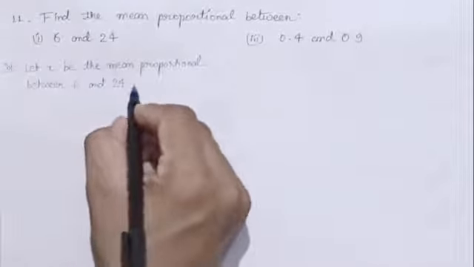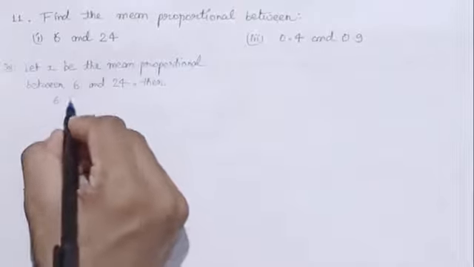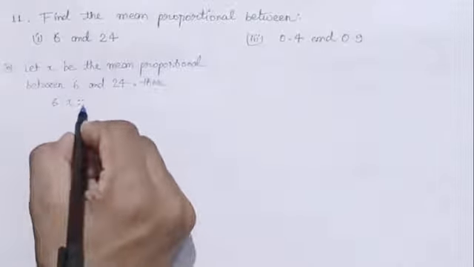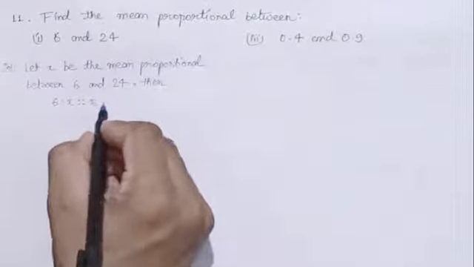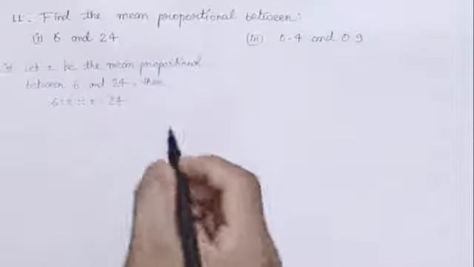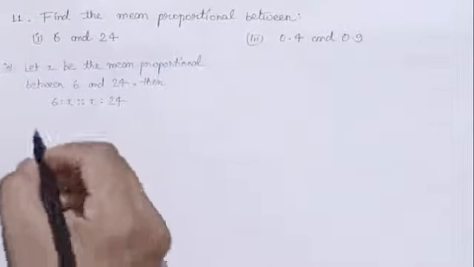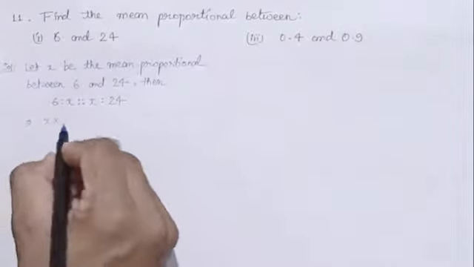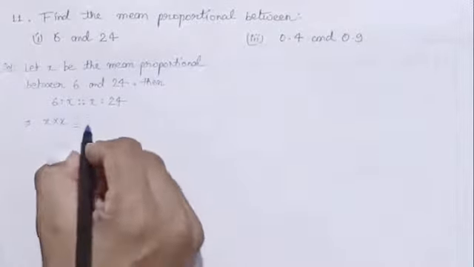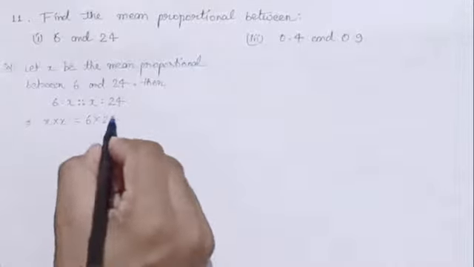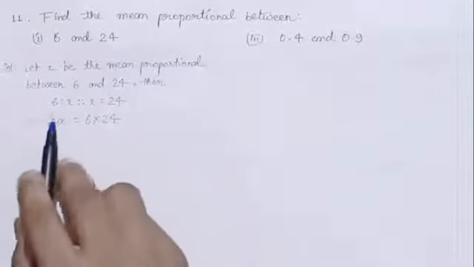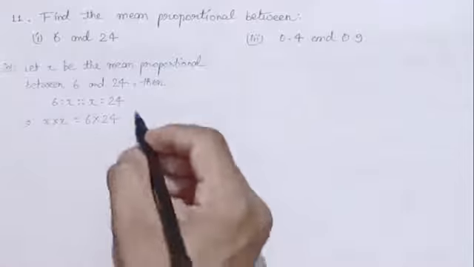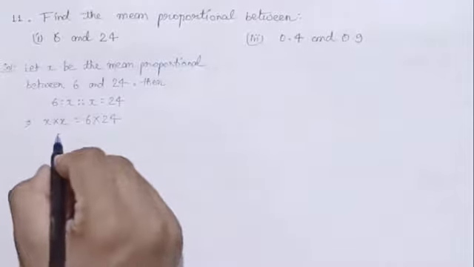Then we can write 6 ratio x proportionate to x ratio 24. And from this expression, we can write x into x is equal to 6 into 24. Why? Because you know product of extremes is equal to product of means.